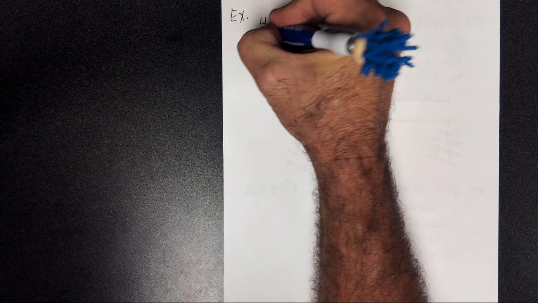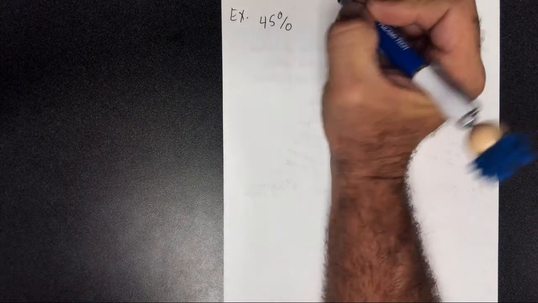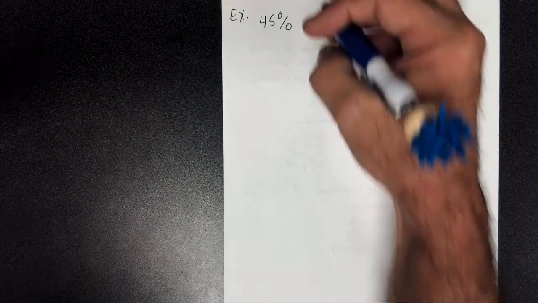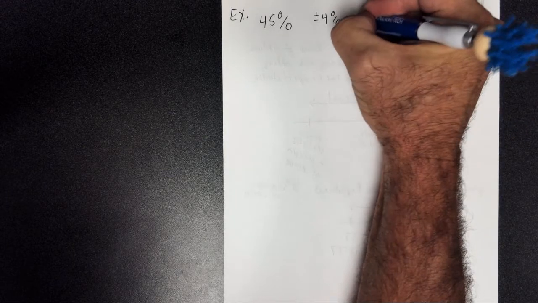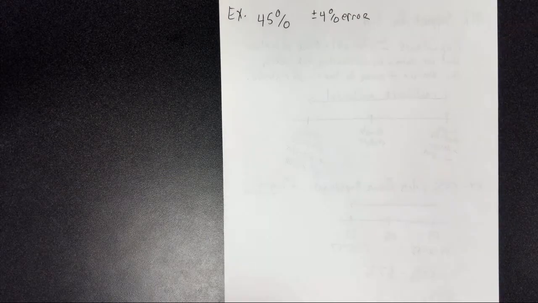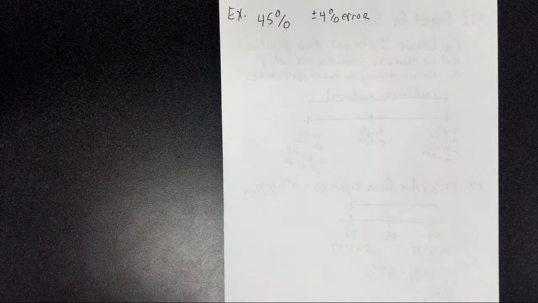So we're looking at 45% now, okay? The study claimed that the error attributable to sampling is plus or minus 4%. So that's going to be my error. Would you claim that a majority of people are not in favor of legalized abortion?